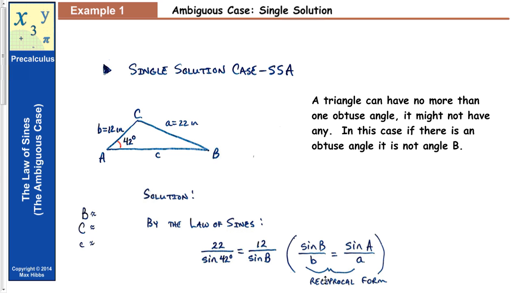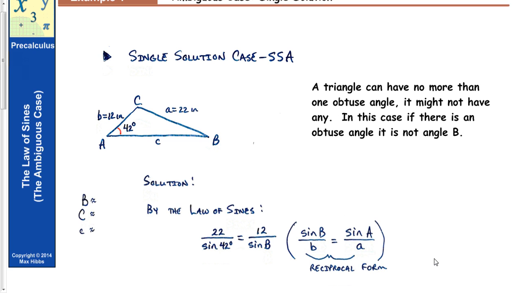And the reason I'm going to use that form is I can take this equation and multiply both sides by side B. And so I'll have a way to calculate the sine of angle B. And once I know the sine of angle B, I ought to be able to determine the value of B itself.